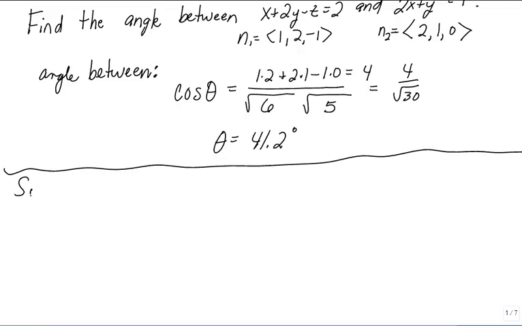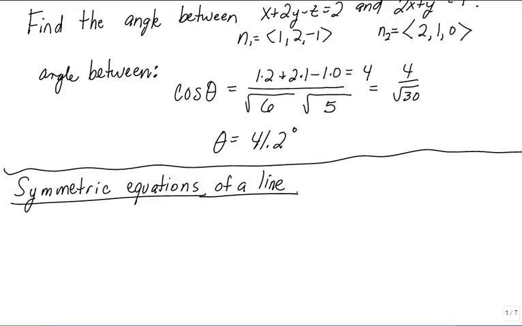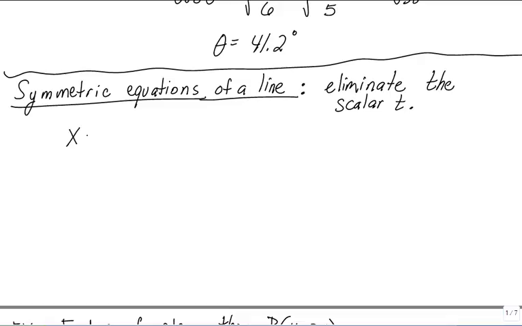Let's go back to lines for a minute. I want to go back and get what's called the symmetric equation of a line. And all you do to get this is you eliminate the scalar t. So we get rid of t, and what we get is x minus x1 over a equals y minus y1 over b equals z minus z1 over c.